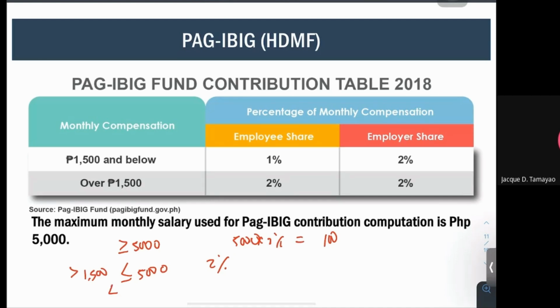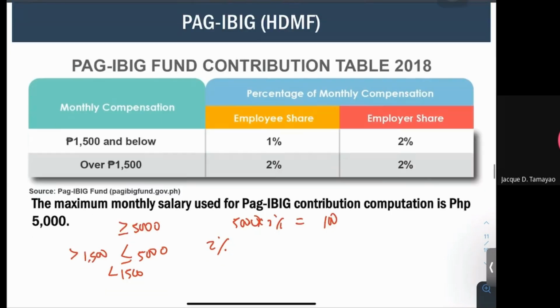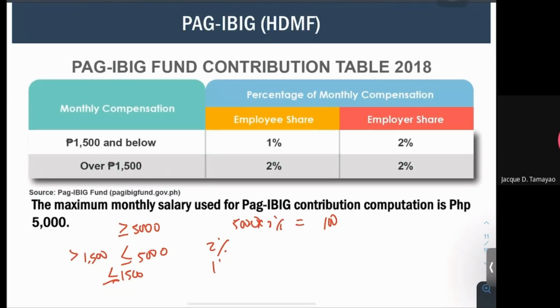But if it is less than or equal to 1.5, then it is 1%. Again, more than or equal to 5,000, because the monthly maximum salary is 5,000, it is capped at 5,000. So 5,000 times 2%, 100. If not, 2% in between, less than or equal to 1.5, 1%.